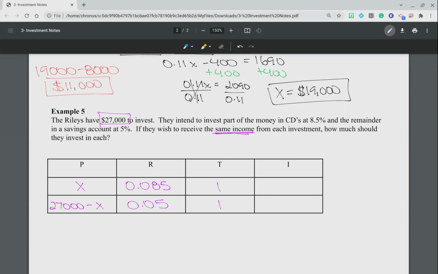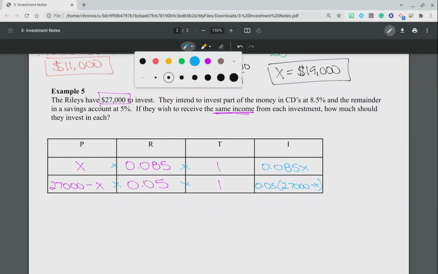Okay, so now to get my interest, I'm going to do P times R times T. So I get 0.085x. And then again, I'm going to do P times R times T. So this is going to be 0.05 times 27,000 minus X. Okay, now this is where it's a little bit different from the previous problems.